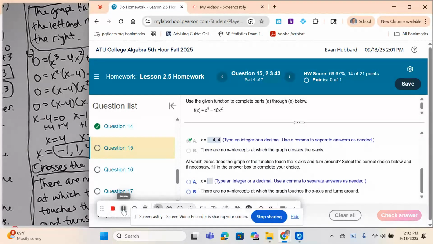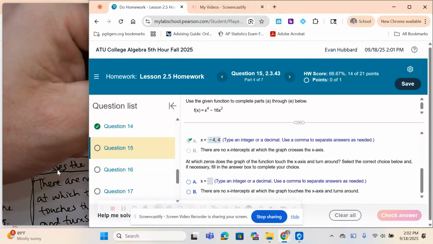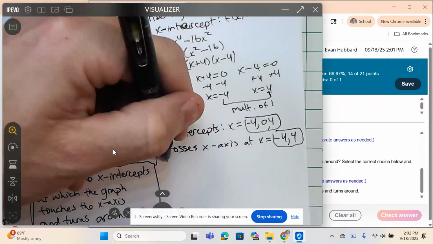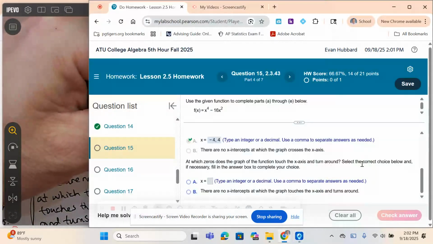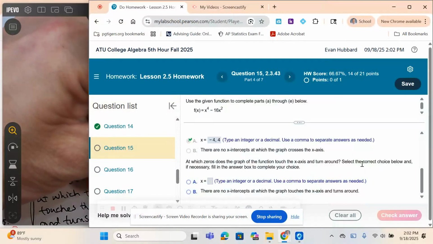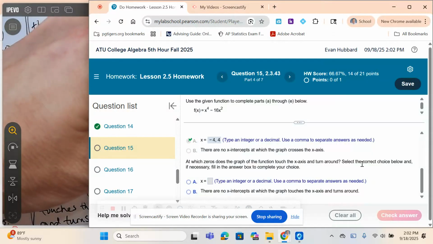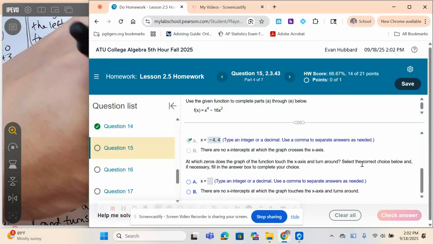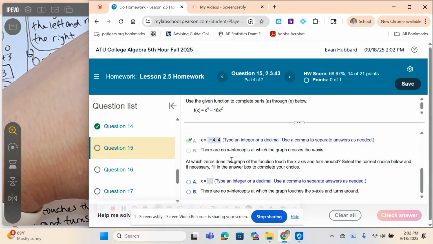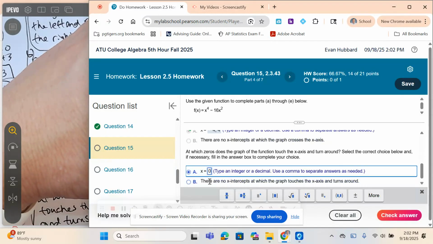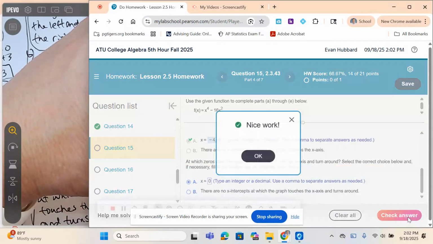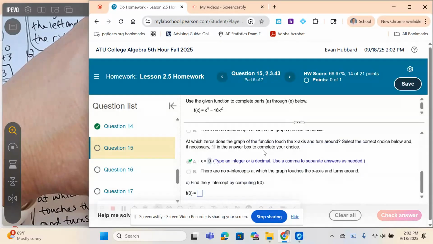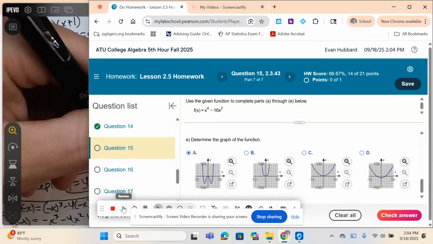At this time. All right, when does it turn around? Well, 0 has a multiplicity of 2, so it touches and turns around at x equals 0. Find the y-intercept by finding f of 0.